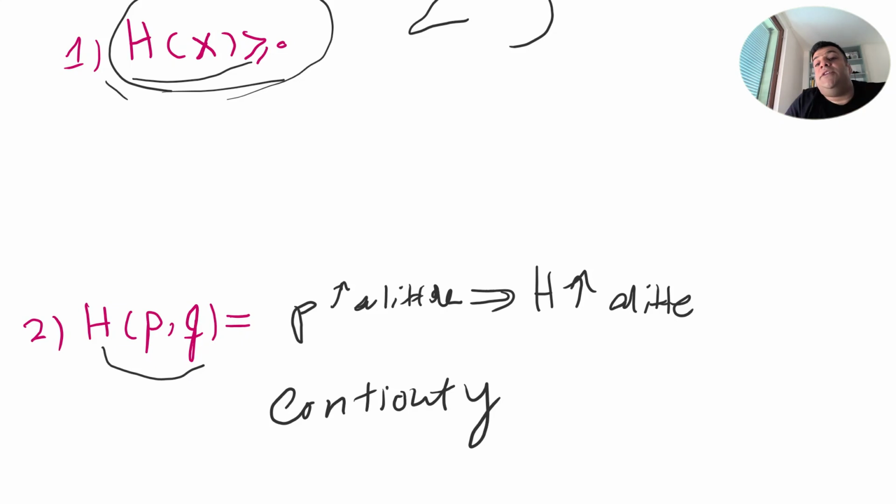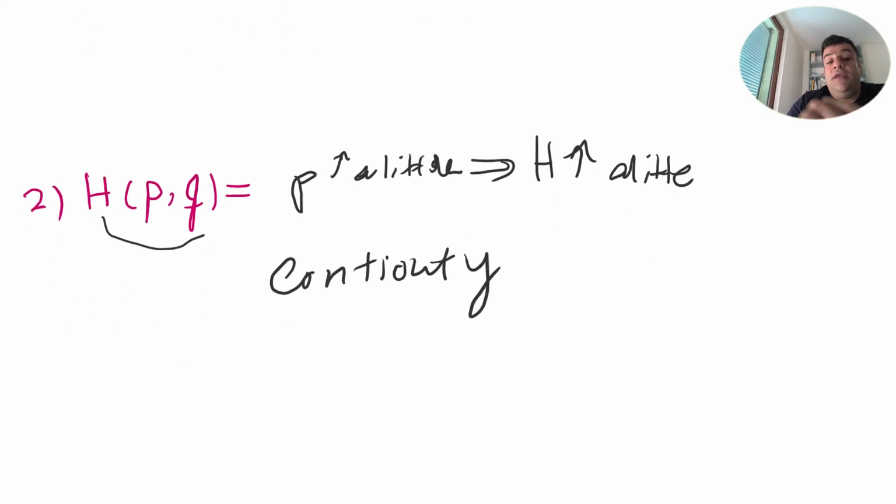My meaning of continuity is this: if you change P a little and therefore reduce Q a little, your entropy doesn't have a dramatic change. Can you understand it? It's continuous. It's not that by a little change it goes to infinity.